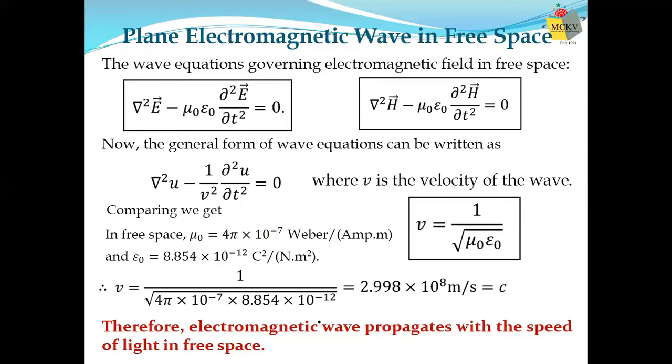For those types of waves, a medium is required. But in the case of an electromagnetic wave, there is no medium required because we are talking about free space. The equations that we are using are for free space.